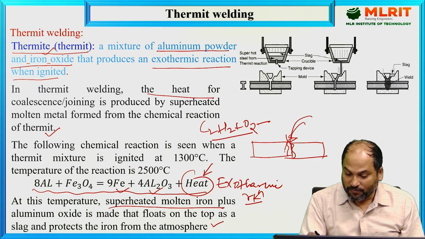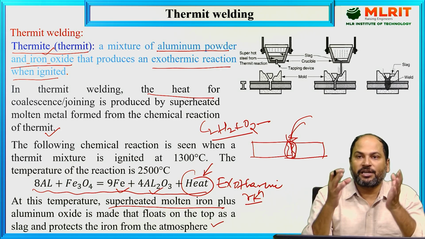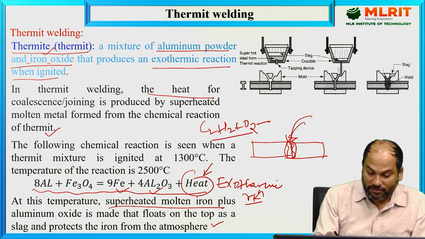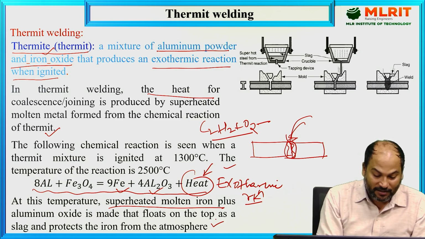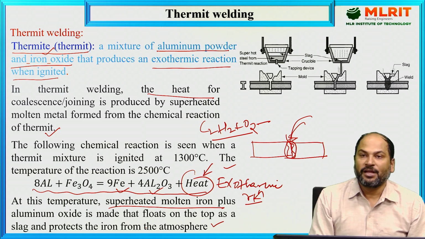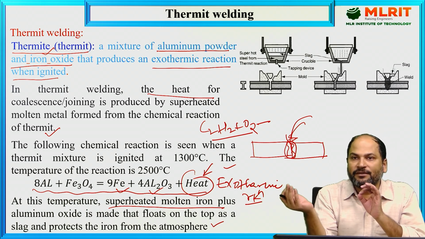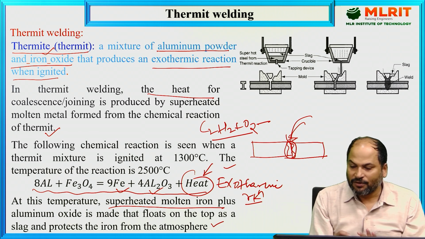So this molten pool will be covered or shielded by the slag formed. It floats on the surface of the weld pool and shields it from the atmosphere. That's how welding will be completed.